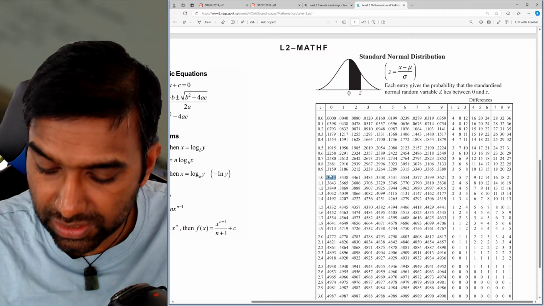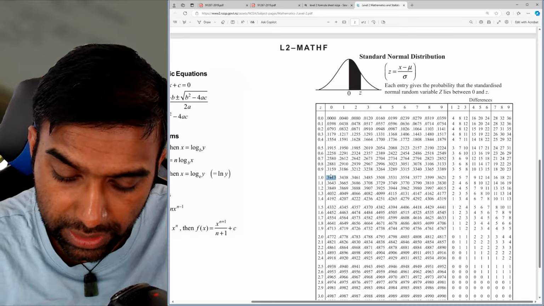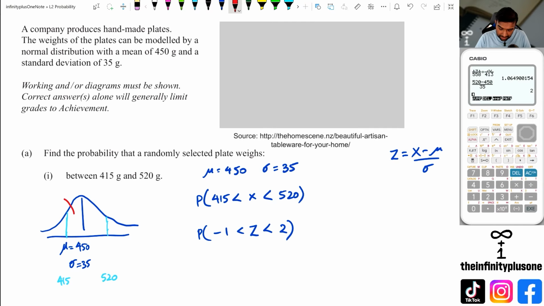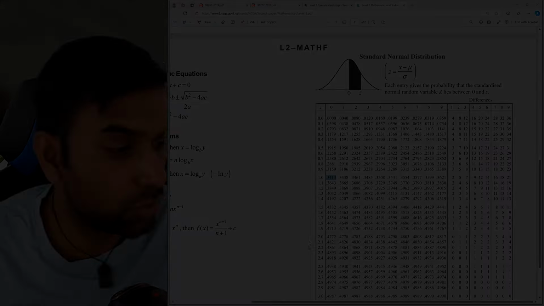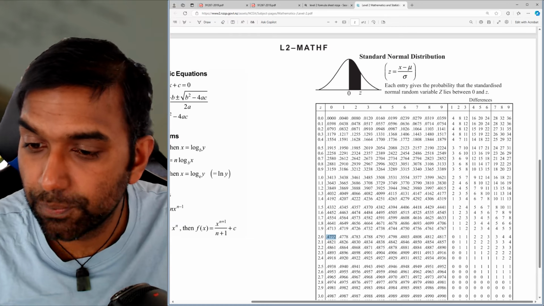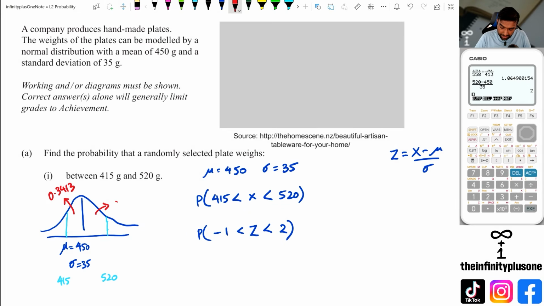So if it's -1, it's also going to be 0.3413. Going back to my working out here, this area is going to be 0.3413. And then for this area, I'm going to go with 2, which happens to be 0.4772. So on my calculator, I would go 0.4772 plus 0.3413.